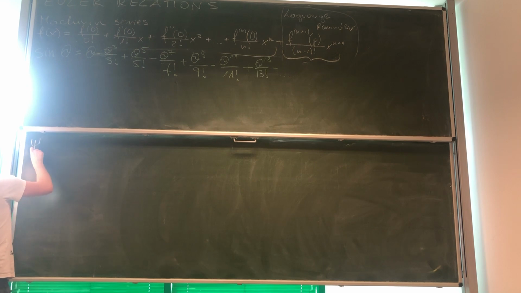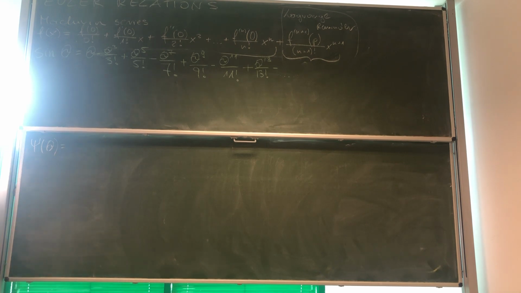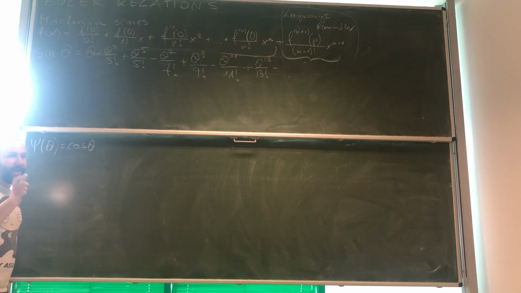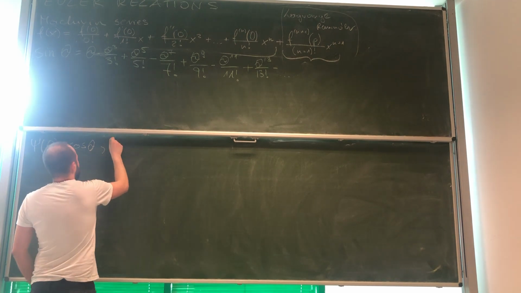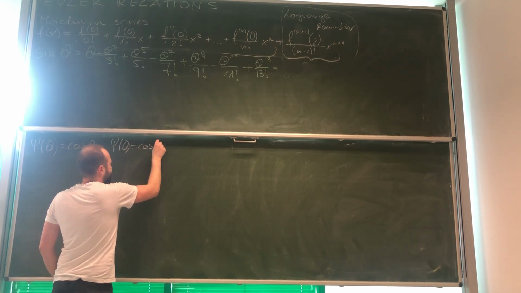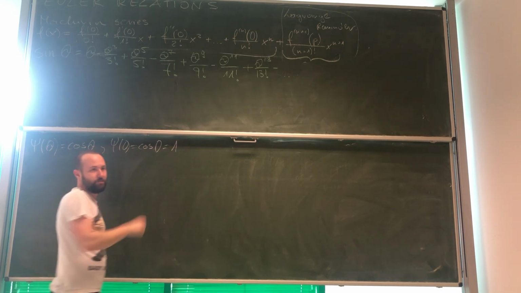Okay, so now let's use a different notation. So we will have psi of theta, and we now need to expand the cosine function, so it's going to be equal to cosine theta. And in these circumstances, psi of 0, which is equal to cosine of 0, is equal to 1.